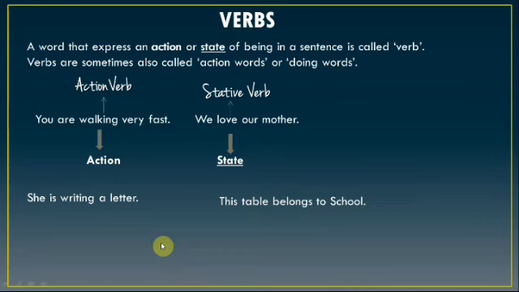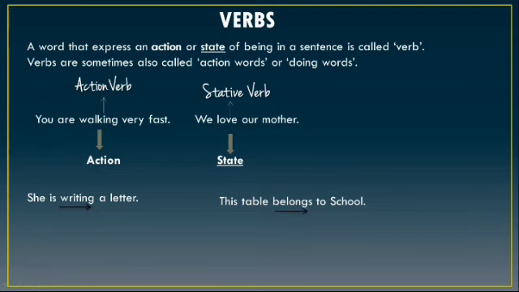Let's see. She is writing a letter. In this case, the action verb is here. Writing. There is an action, right? So this one is a verb. And what kind of verb is this? Action verb. And in this example here, this table belongs to a school.